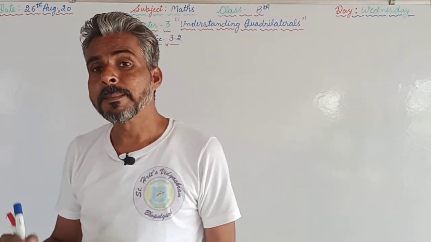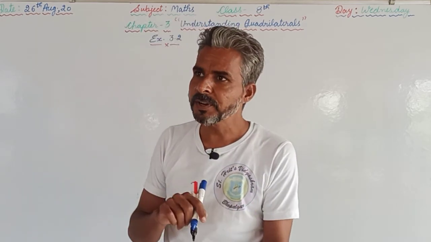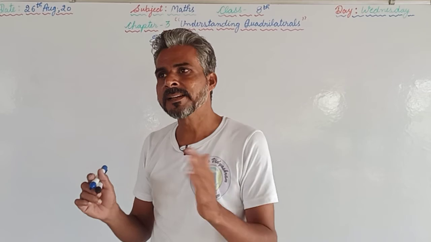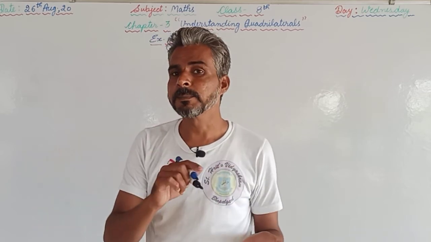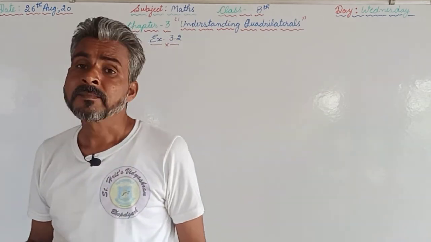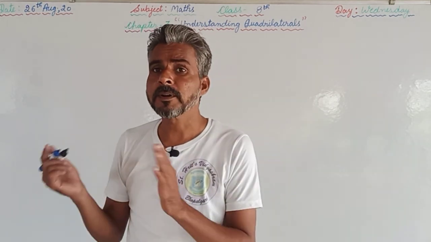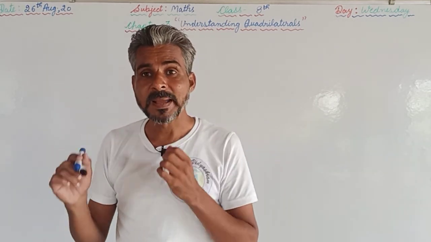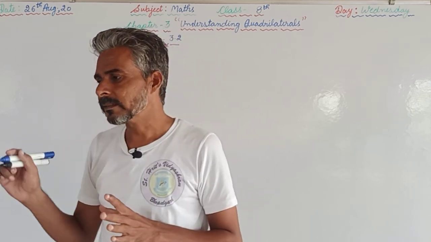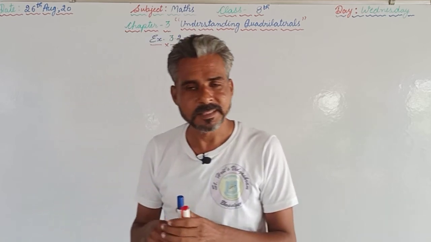Afterwards, what will be the maximum exterior angle? The interior angle and the exterior angle are linear pair angles. So if the interior angle is 60, the exterior angle will be 120. So 60 is the minimum interior angle of a regular polygon, and 120 is the maximum exterior angle of a regular polygon. Like this we can proceed the questions given in this exercise.